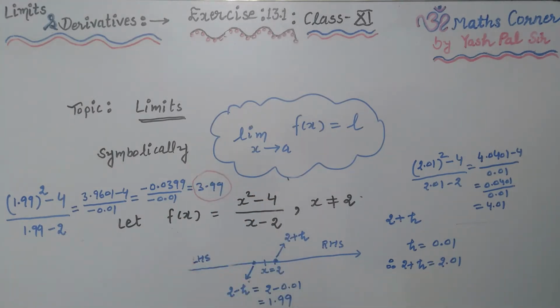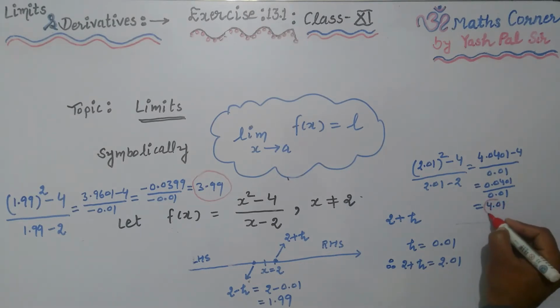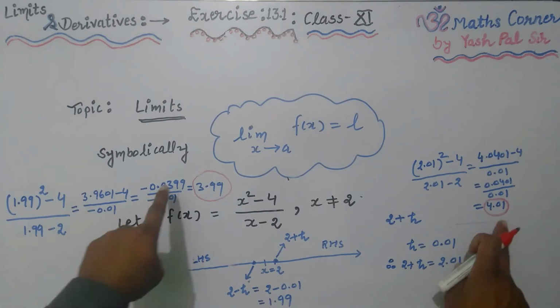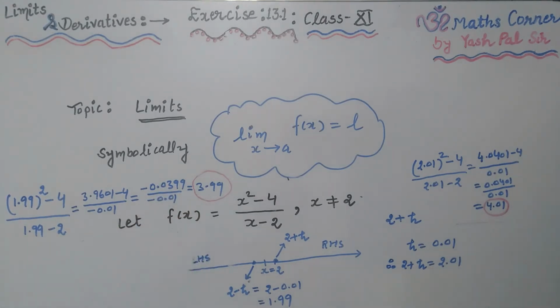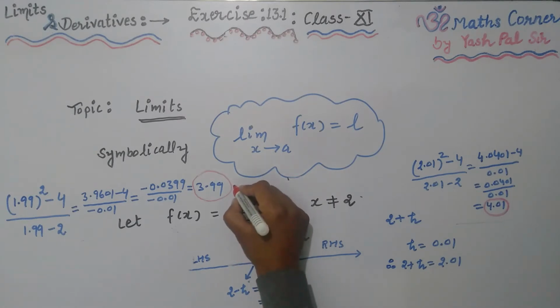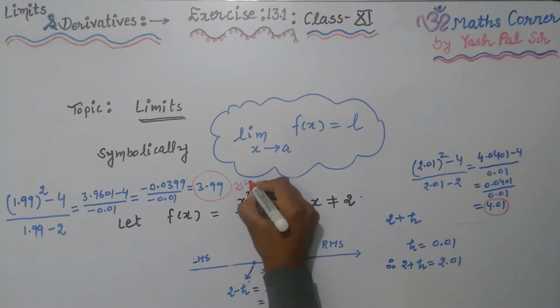So the final result: when we put x is equal to 1.99 on the left, we get 3.99, and when we put x is equal to 2.01 on the right, we get 4.01. Now what do we see in these two results? Approximately 3.99 is equal to 4.